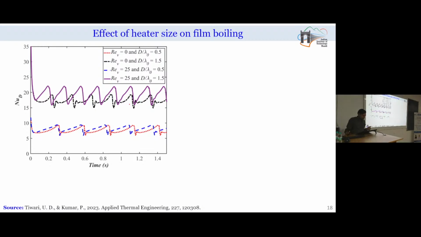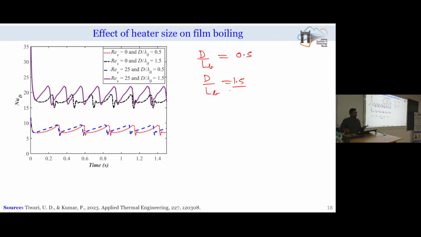Now, this is something which is tried on two surfaces. Here d is the diameter of the heater surface and lambda naught is nothing but the length scale of the bubble. In one situation the ratio is maintained at 0.5 and in another situation at 1.5.